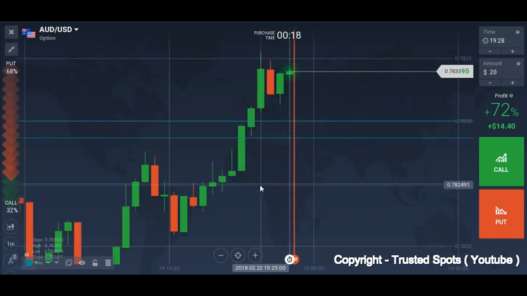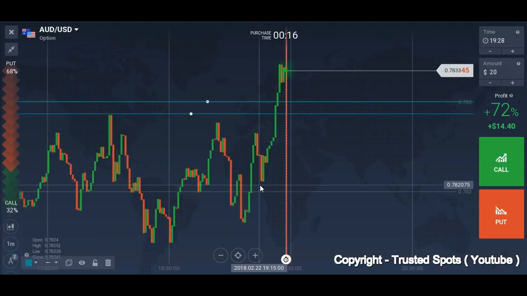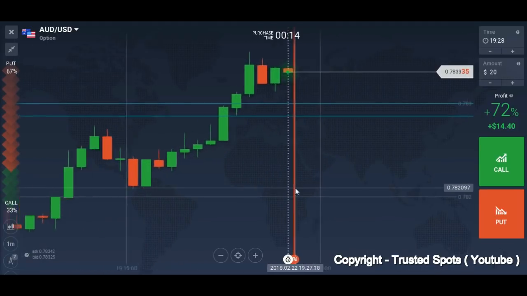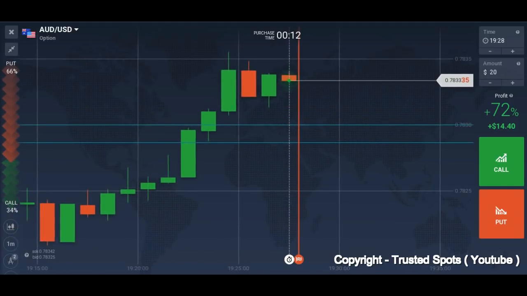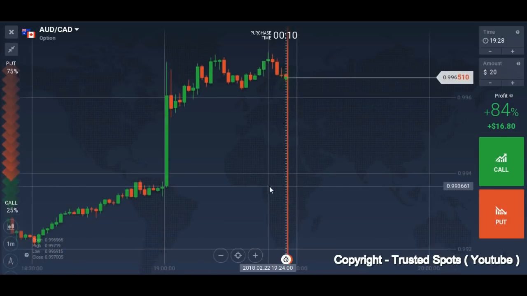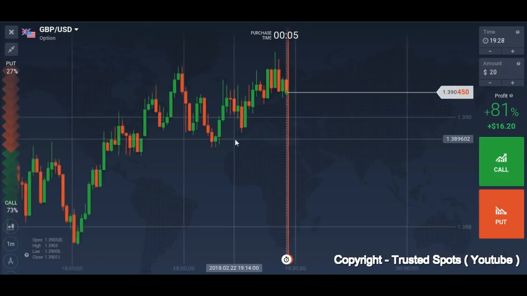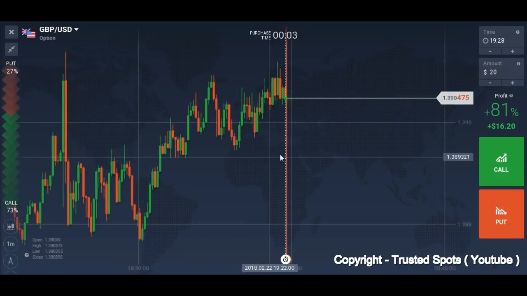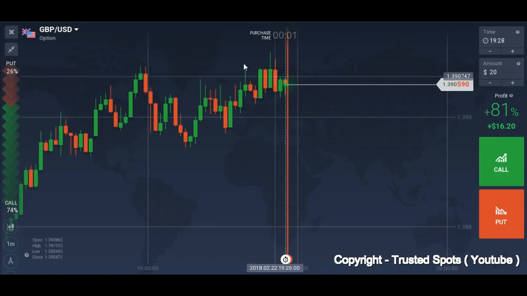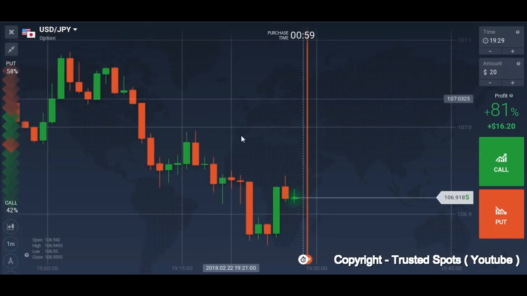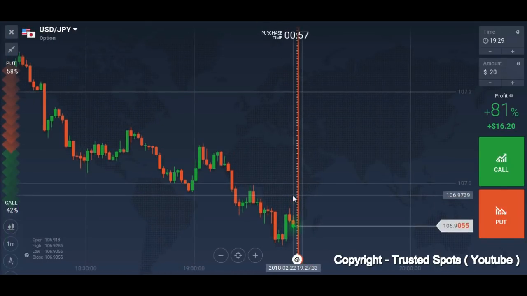Then let me change the chart. We will try to find more opportunities. You can see this is a bad market, totally ranging, no trend is shown here, and this is a good market.